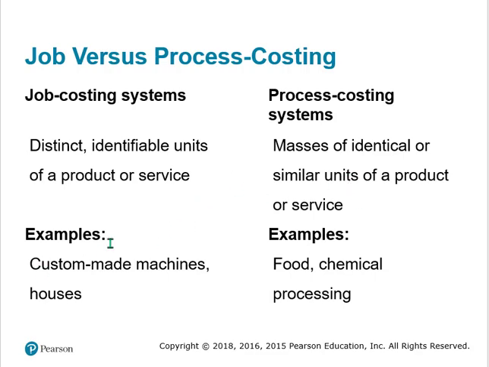A good example of a job costing system would be custom-made machines, a house, that for sure would be a job cost. Process costing: food, chemical processing, making paper towels, if you watch that video, those are all process costing systems. You might have noticed in the video for the paper towels that there was only 1 employee in the whole thing. You never see any people.